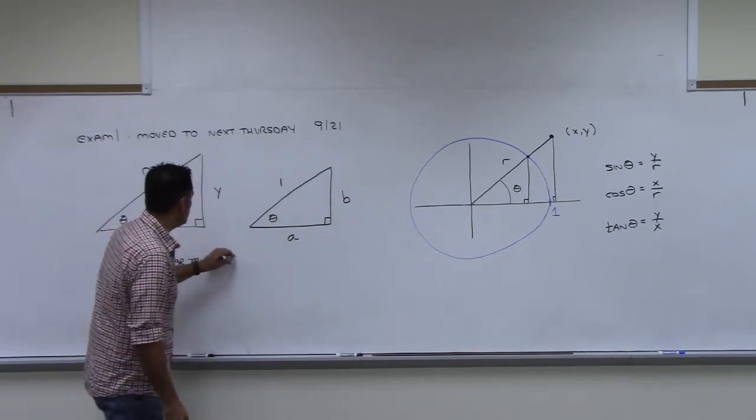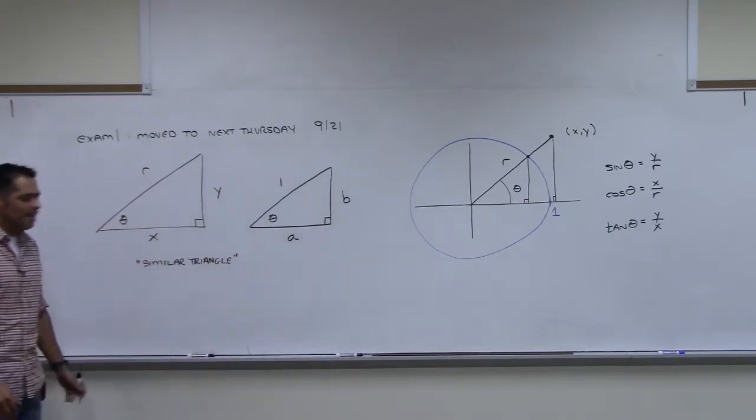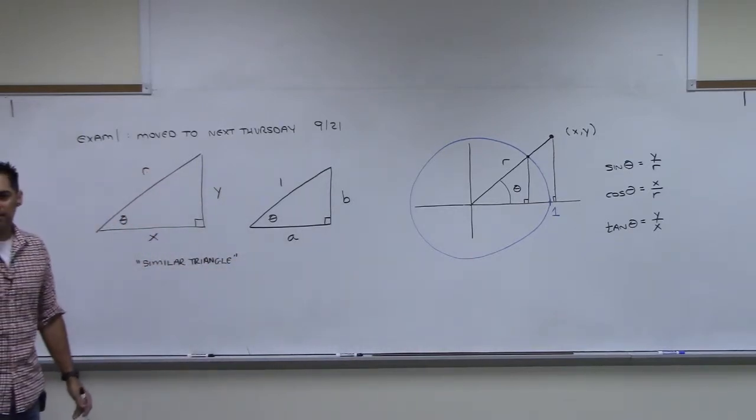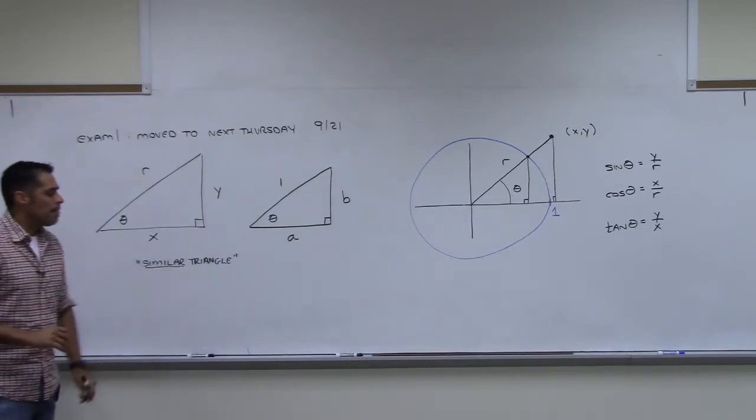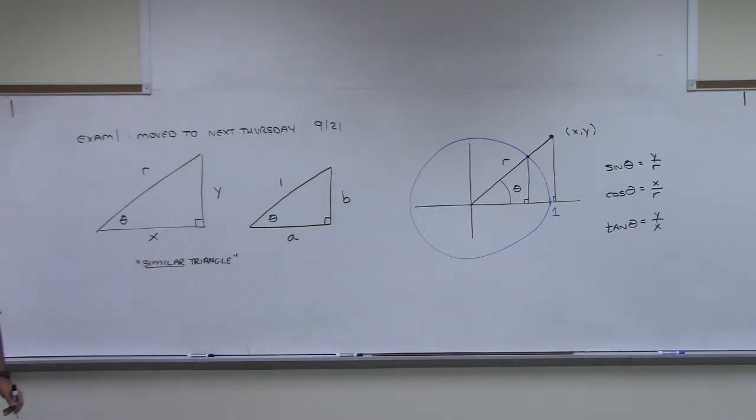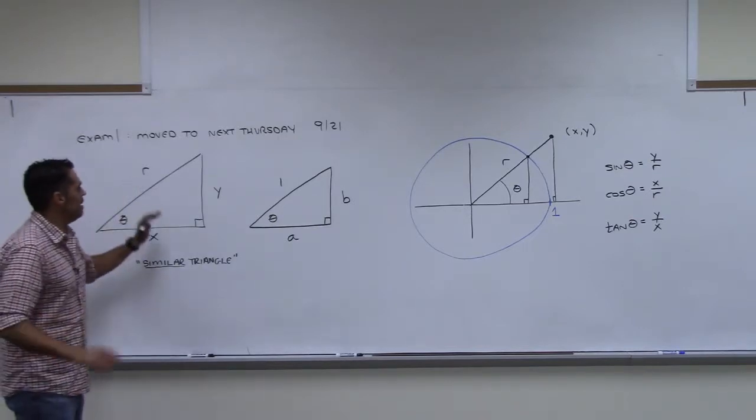And we're using the word similar here, not like, you know, they look kind of the same. Similar is more precise. Similar means that we have a very, very special relationship between the sides of the triangles, and that is the ratio of the sides are congruent. Well, here's what that means.